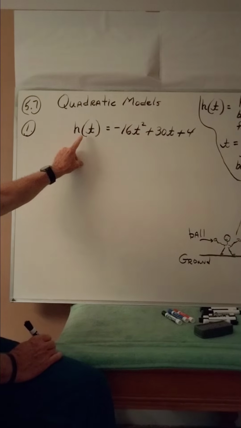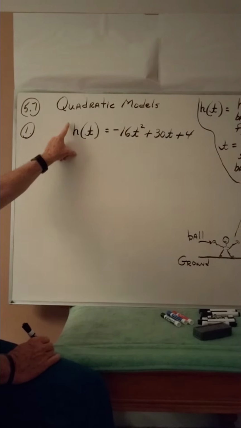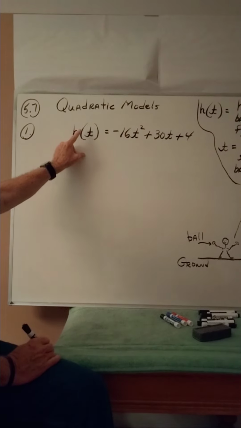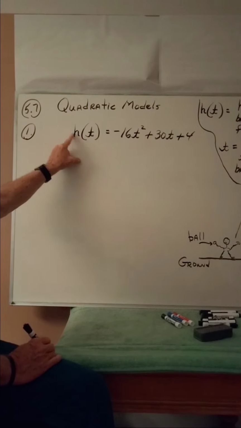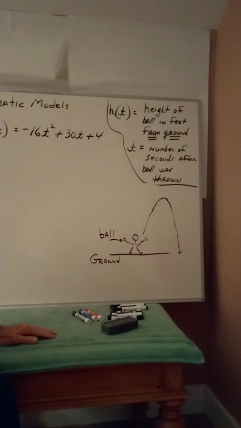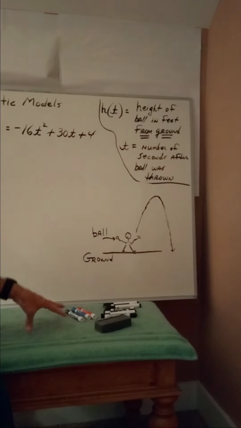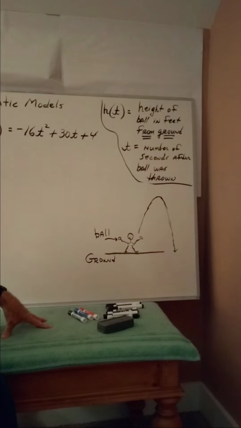So it is really important in going through this problem that you understand what the h of t represents. It's more than just the name of a function and the domain of t. The h of t in this model stands for the height of the baseball in feet from the ground.